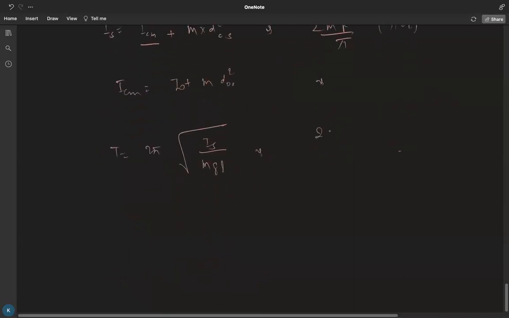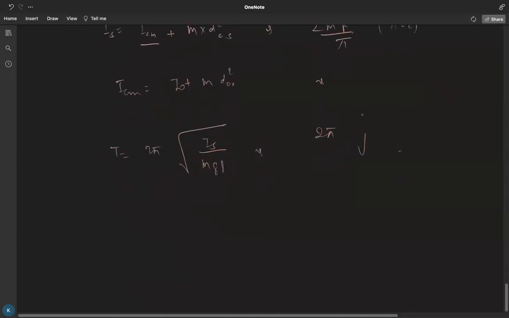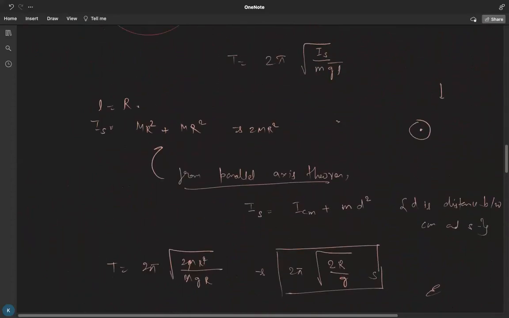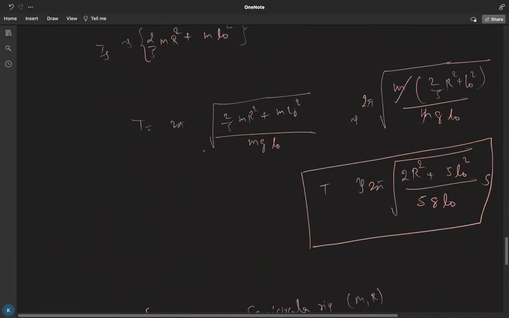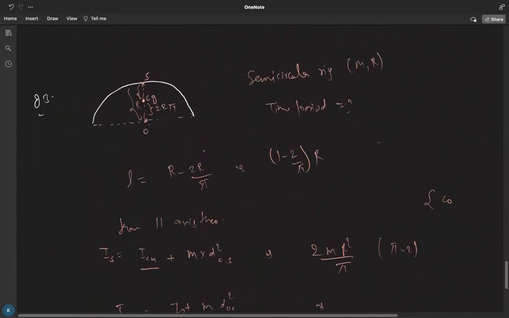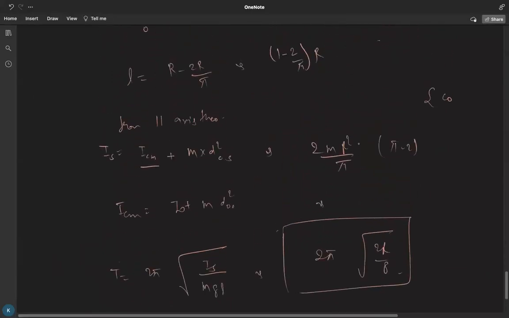You will simply get 2 pi, because pi minus 2 gets cancelled, so you simply get root under 2r by g, which is the same as what you calculated for the complete ring. So either you can take the half ring or the full ring, the time period for both will be the same, and it is equal to 2 pi root under 2r by g seconds.